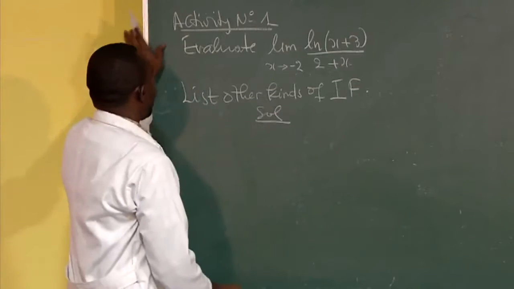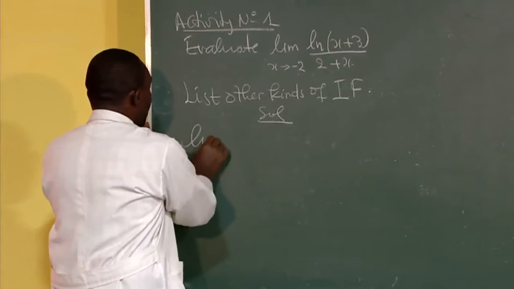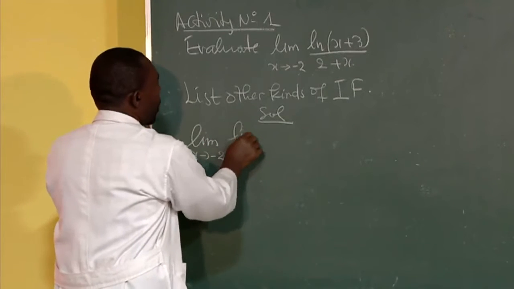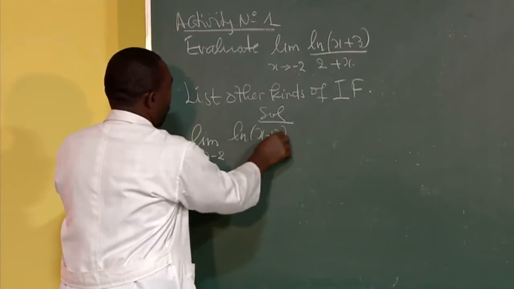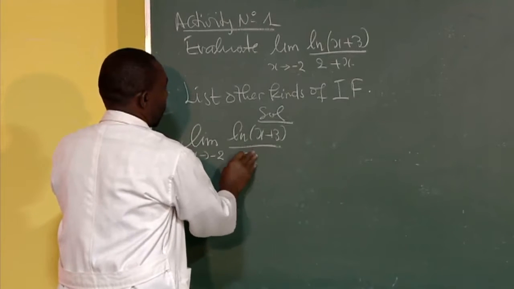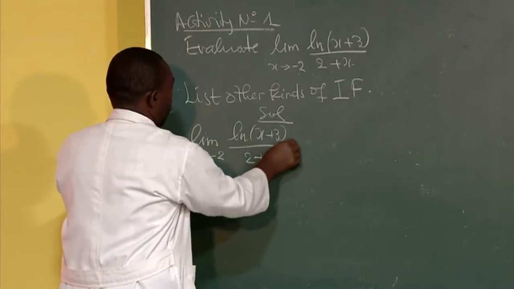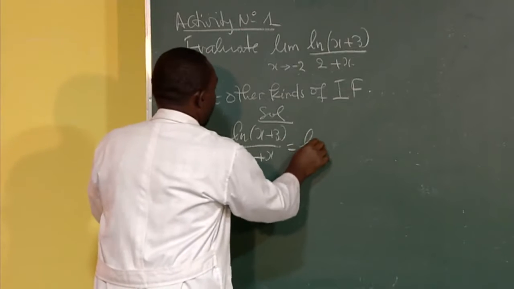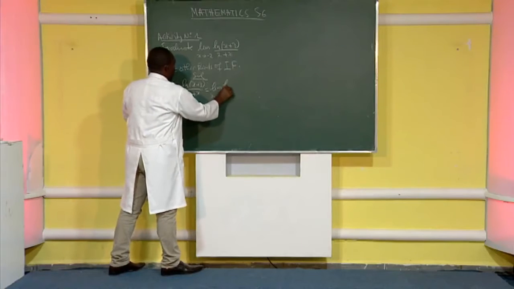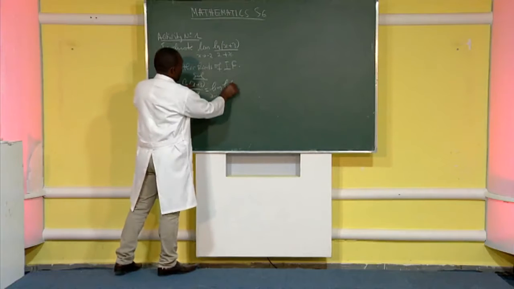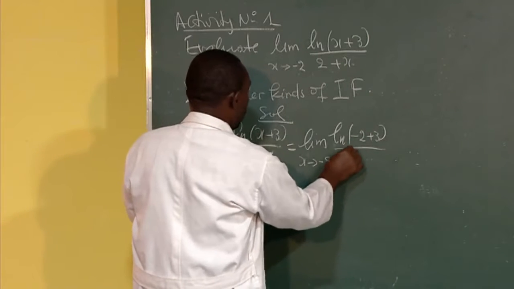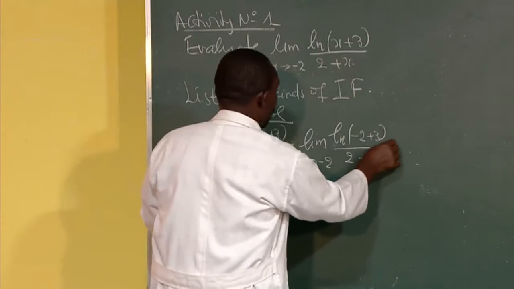Solution for the first. The limit as x approaches minus 2 of ln of x plus 3 divided by 2 plus x is equal to the limit as x approaches minus 2 of ln of minus 2 plus 3 divided by 2 minus 2.